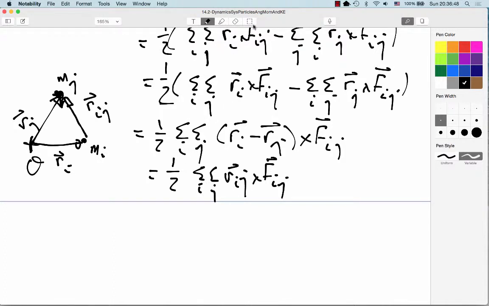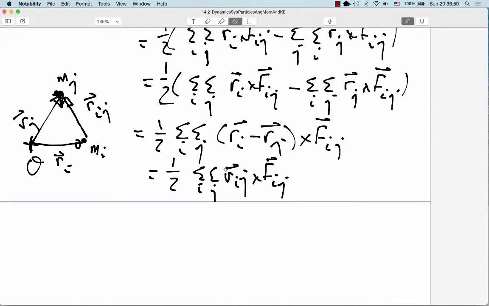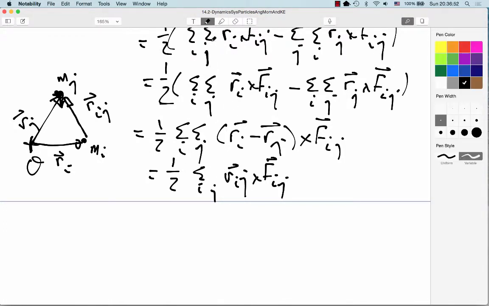All right, so this is as far as we can take it for a general force, one obeying the weak version of Newton's third law. In that case, we can't be assured that the forces are collinear, which means they could be, say, pointed like that, and that would be totally fine.